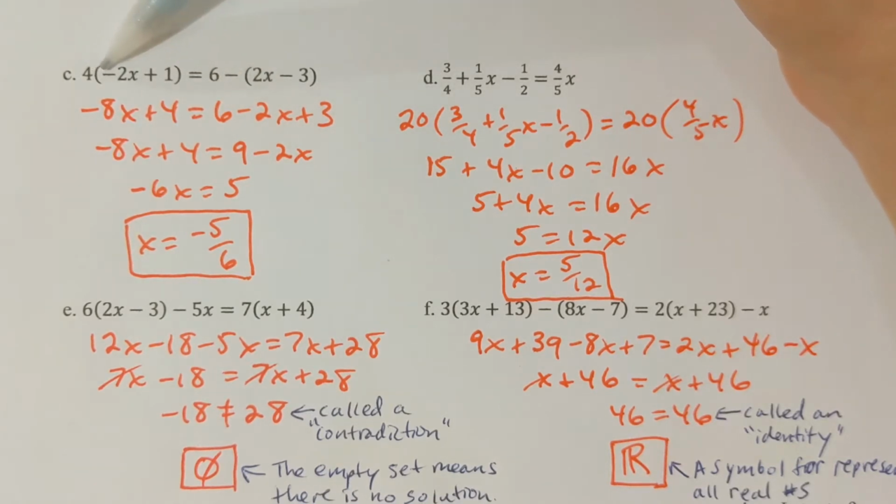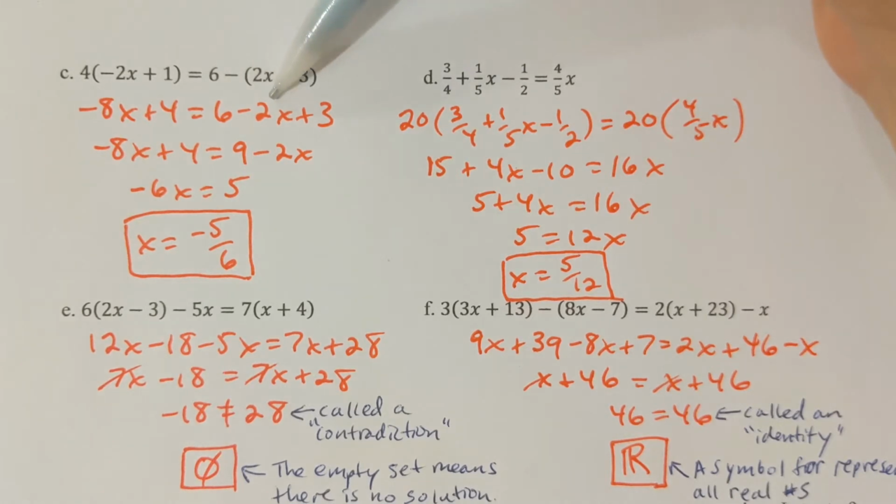So let's distribute here. 4 times negative 2x is negative 8x. 4 times 1 is 4. And then over here, negative 1 times 2x is a minus 2x. Negative 1 times negative 3 is plus 3 at the end. Combine the like terms. 3 plus 6 is 9.